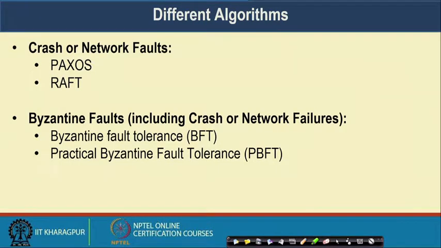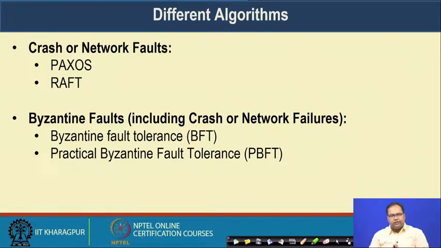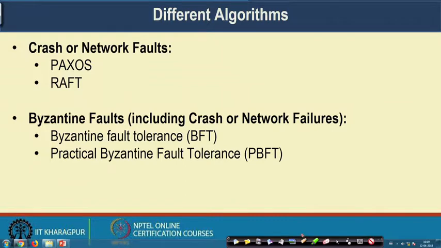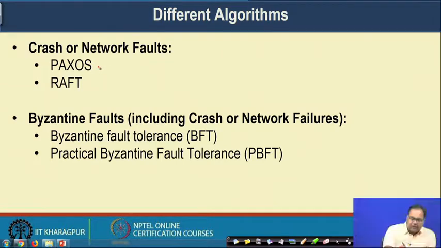Then we have different kinds of algorithms for ensuring consensus in a typical distributed system, which we apply in permissioned blockchain, and these algorithms are based on the state machine replication principle. The initial algorithms for distributed consensus are Paxos and Raft, which support crash or network faults, but they cannot support Byzantine faults.